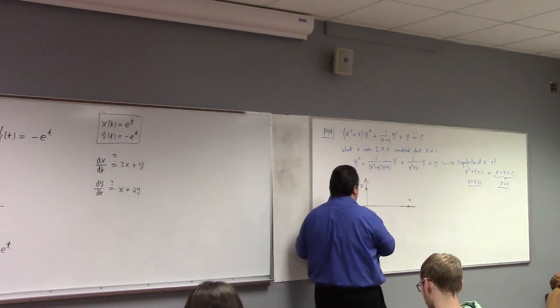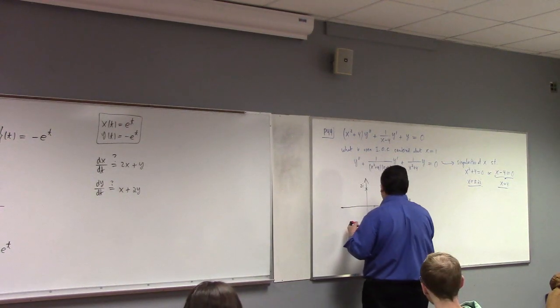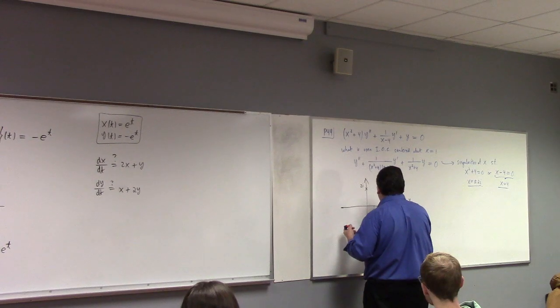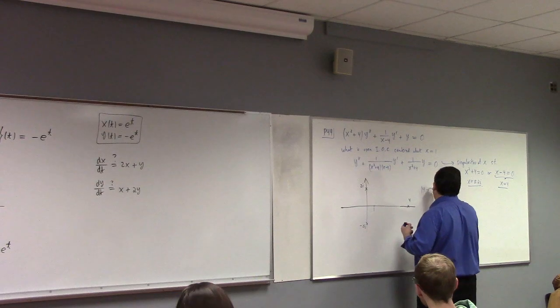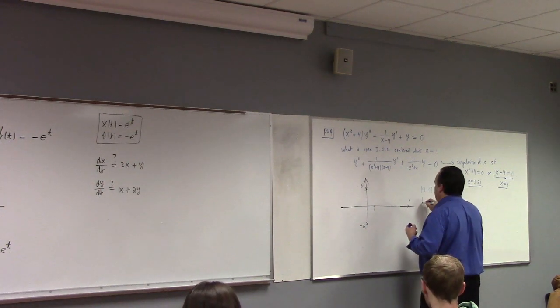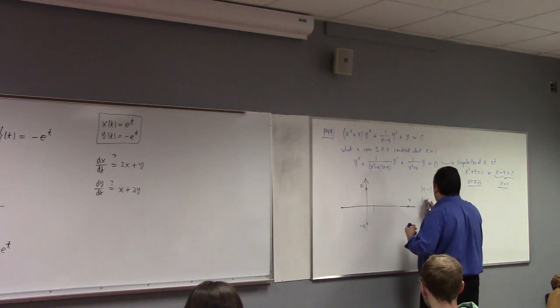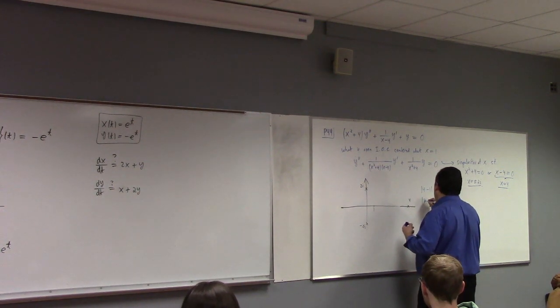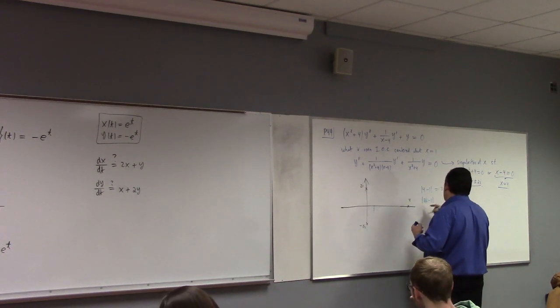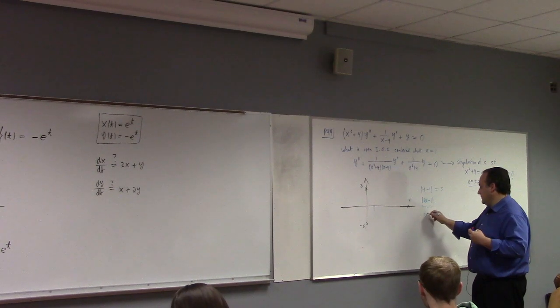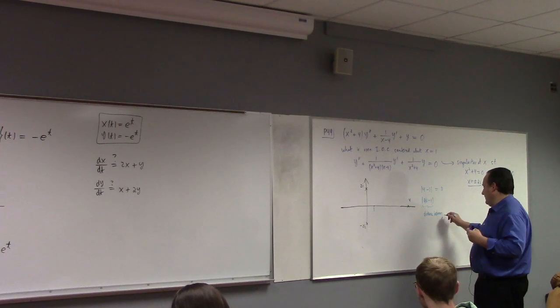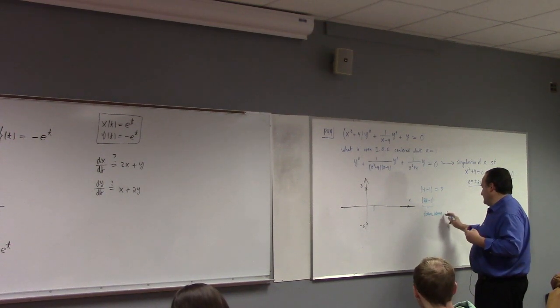But in this case, we have to check: is my picture honest? The question is, what's the distance between 1 and 4? The absolute value of 4 minus 1 is 3, right? And what's the distance between 2i and 1?